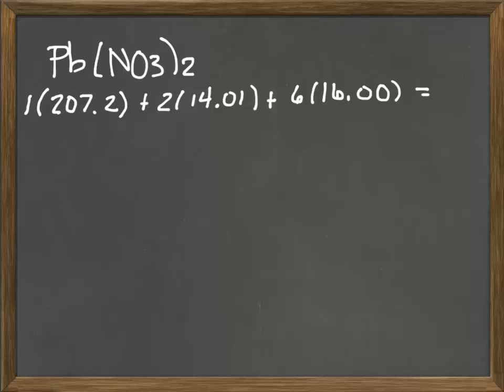And then you get out your calculator. 207.2 plus 2 times 14.01 plus 6 times 16 equals 331.22 atomic mass units. That makes sense? Maybe that makes more sense than the whole rest of the chapter does.